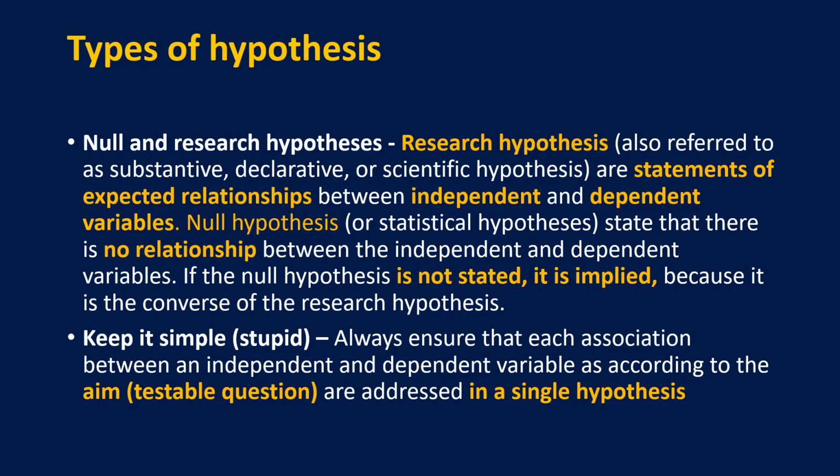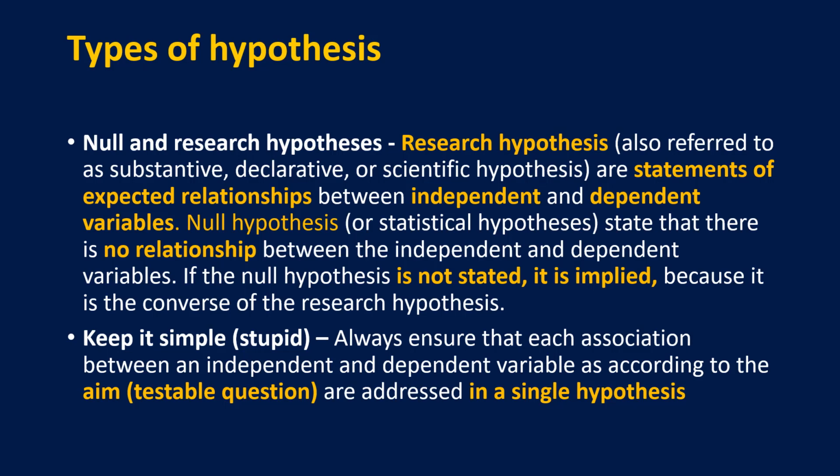Each of those has to have a separate hypothesis, because VO2 max could increase, it's possible, but cardiac output doesn't change. So what you have to do is break down the testable question, your deductive reasoning, into separate hypotheses and decide whether you think they are directional or non-directional. You cannot have a single hypothesis.